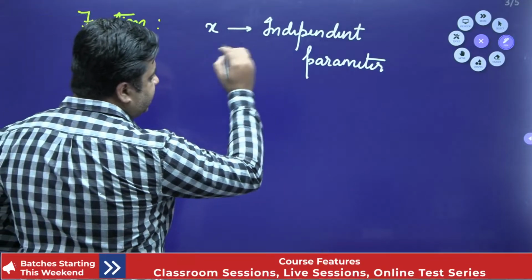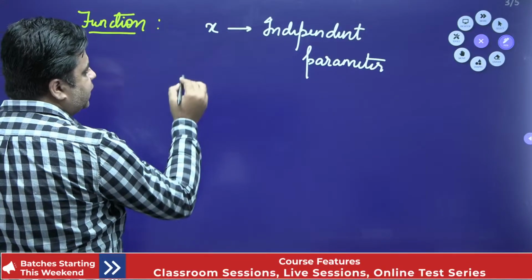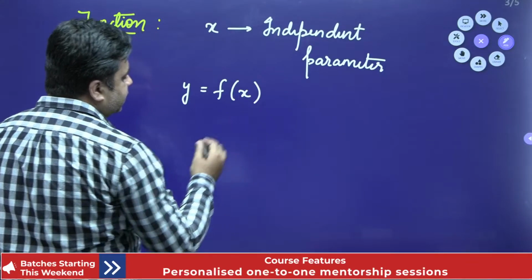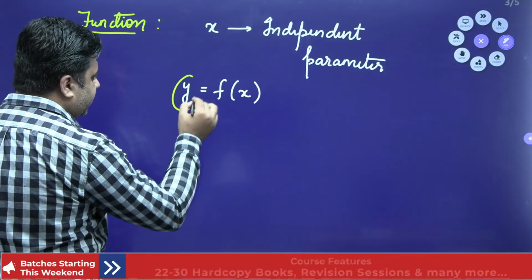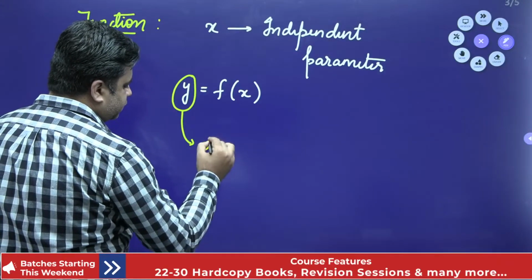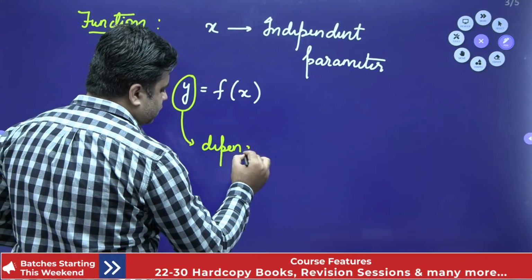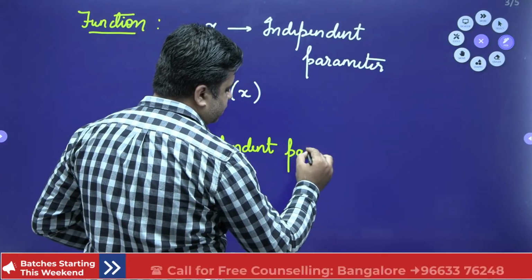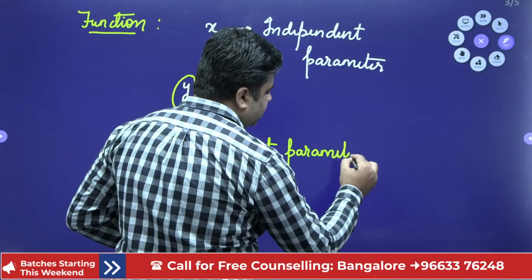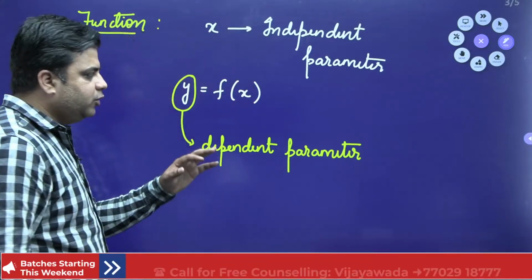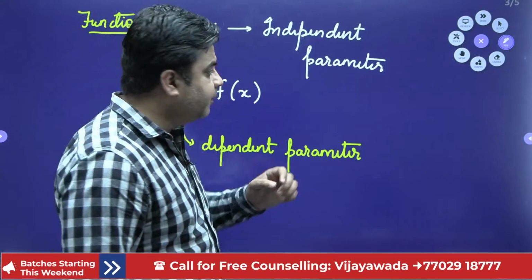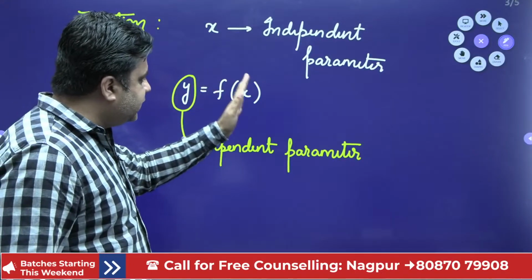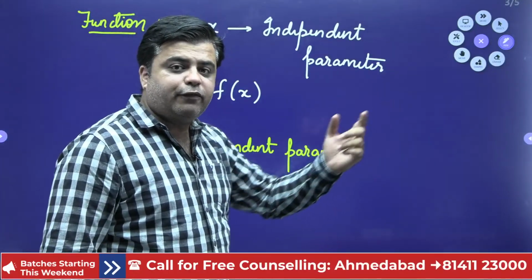So if x is an independent parameter, then as a function of x, this y will be my dependent parameter. Either you say parameter or you say variable, one and the same thing. Okay, so this x is an independent parameter. With changing value of x, you will get different value of y.